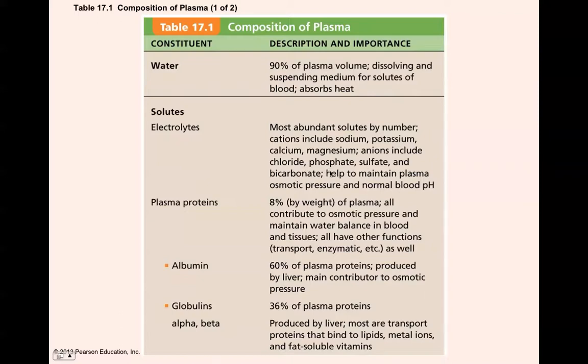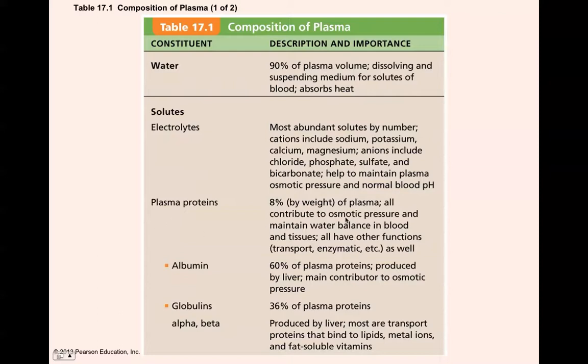These are also groups of atoms. Together they have a negative charge, so therefore we can say they are anions, negatively charged. These electrolytes or ions help to maintain the plasma osmotic pressure and normal blood pH.